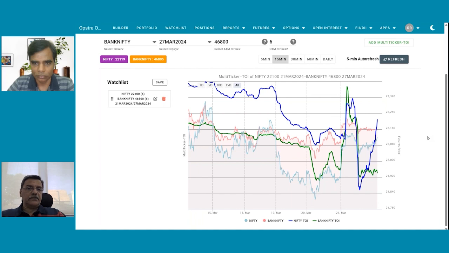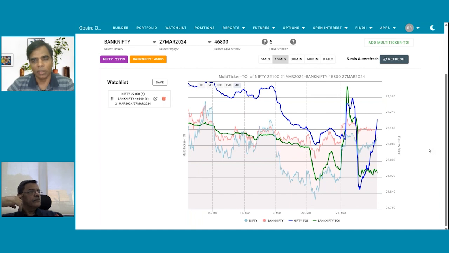That was a divergence which indicated that it is unlikely to be a trend day. So don't do too many big trades, or it's not going to be a big move in any case. That was the idea behind multi-ticker. So here you plot the Nifty as well as Bank Nifty TOI on the same chart.